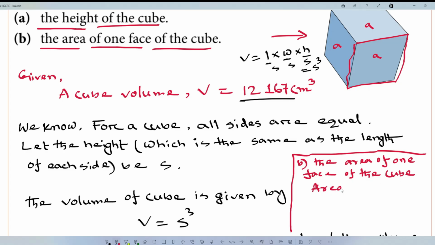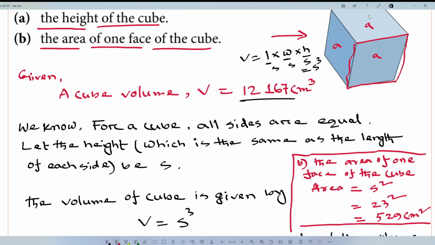Area, we know area means S square. So S means 23 and square. So the answer is 529 centimeter square, and this is our answer.